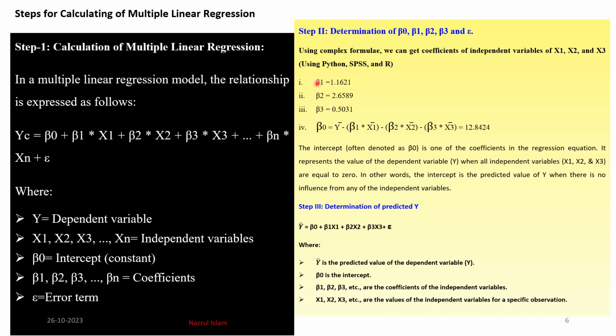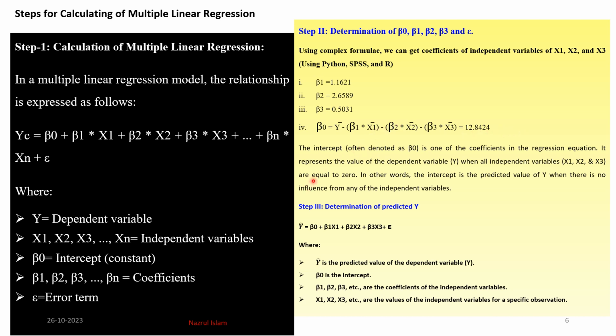The results are beta 1 equal to 1.1621, beta 2 equal to 2.6589, beta 3 equal to 0.5031. By substituting the values of beta 1, beta 2, and beta 3 in the formula of beta 0, we will get a result of 12.8424.